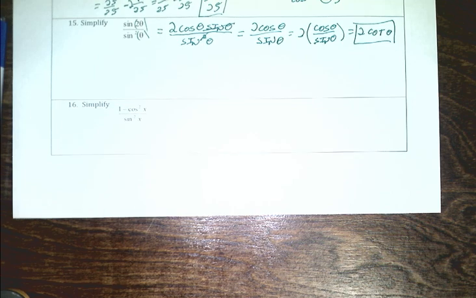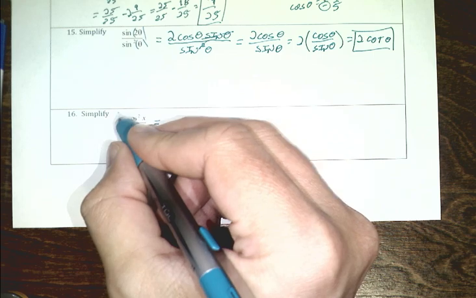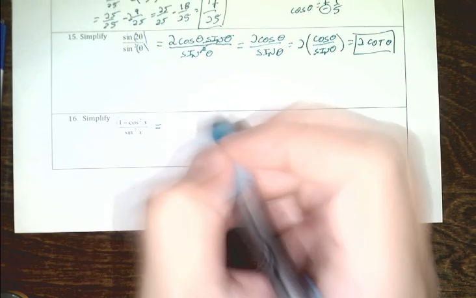So, simplify 1 minus cosine squared x over sine squared x. So we're looking at here, and once again, addition and subtraction, obnoxious stuff when it comes to simplifying. So is there a way we can get rid of this whole thing right here?